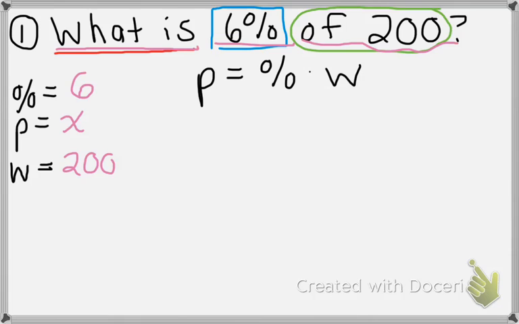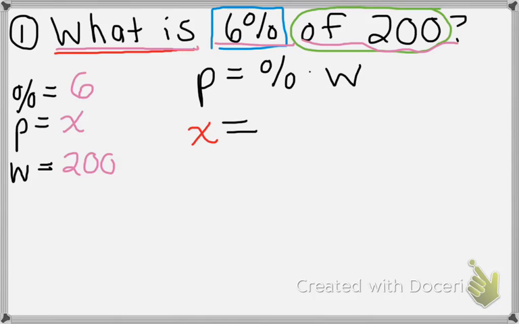And now we're going to plug those numbers into the formula. Now there's one little change in here. Our part is X, right? So X equals percent times whole. Now the percent, this is where it gets tricky and a little different.